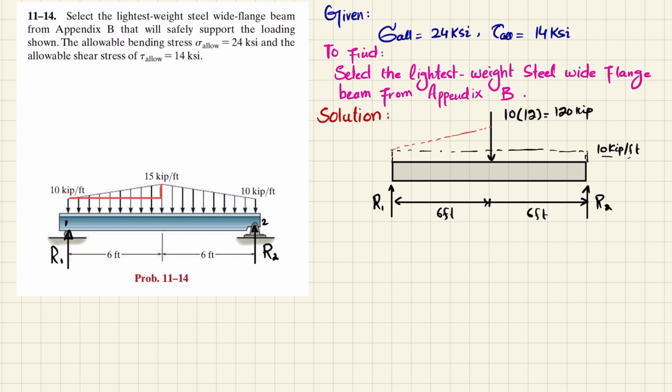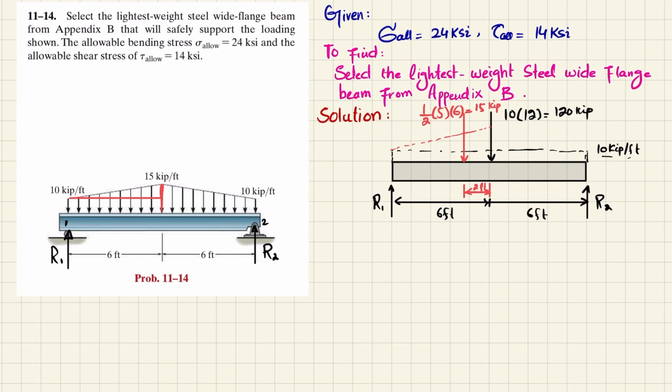When we convert this uniformly increasing load into a point load, since it is a triangular area, it will be 1/2 times 5 times its length, which is 6, and that equals 15 kips. That is 6 times 5 is 30, 30 divided by 2. Its location from the denser side is L by 3, so 6 by 3 is 2 feet.